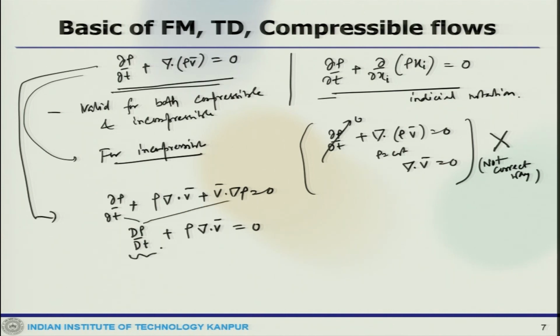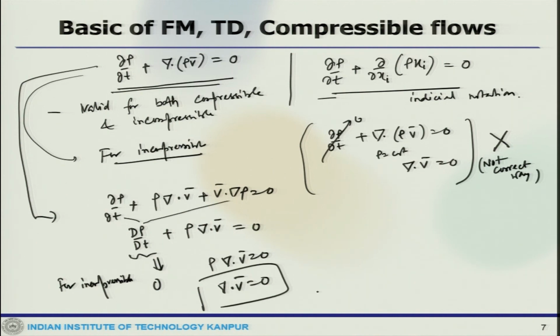For incompressible limit, this goes to 0. So, this becomes rho del dot V equals 0, and since rho is not equal to 0, this is what you get for the incompressible flow. So, this is the right way of doing it.